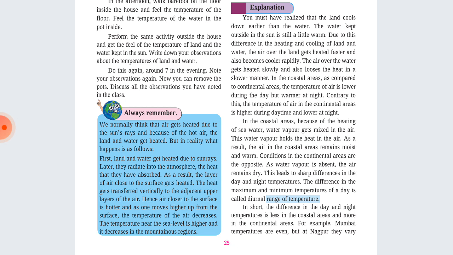As a result, the layer of air close to the surface gets heated. The heat gets transferred vertically to the adjacent upper layer of the air. Hence, air closer to the surface is hotter, and as one moves higher up from the surface, the temperature of the air decreases. The temperature near the sea level is higher and it decreases in the mountainous region.